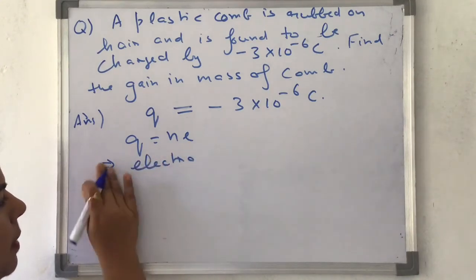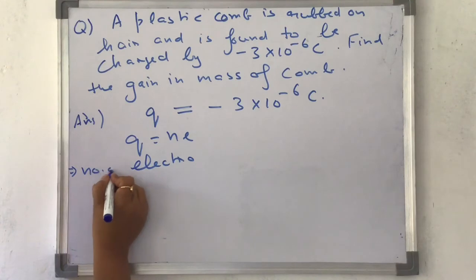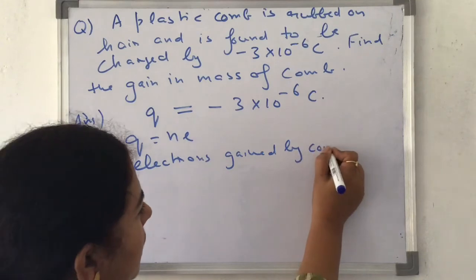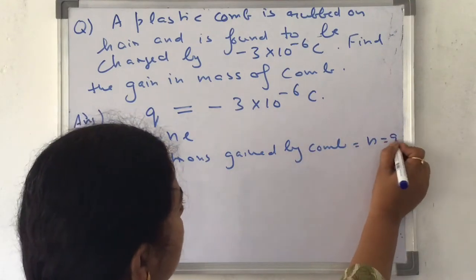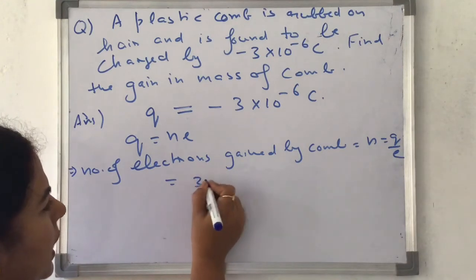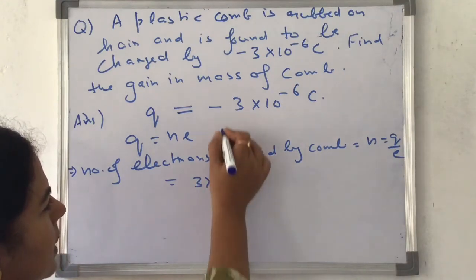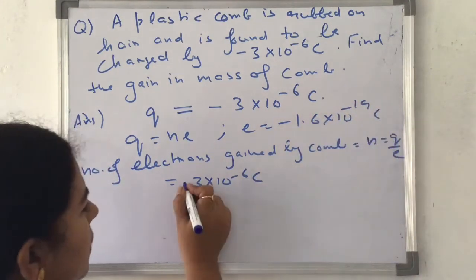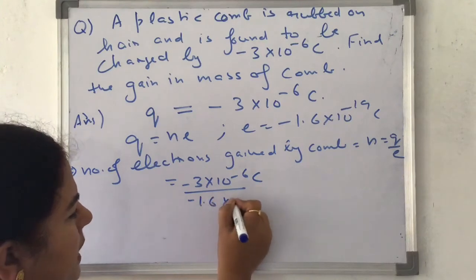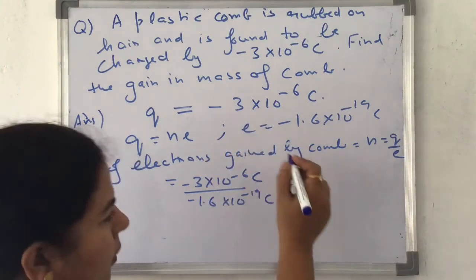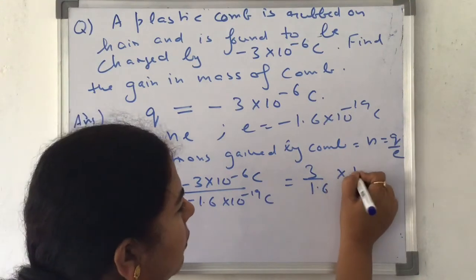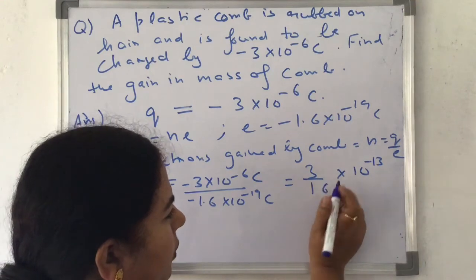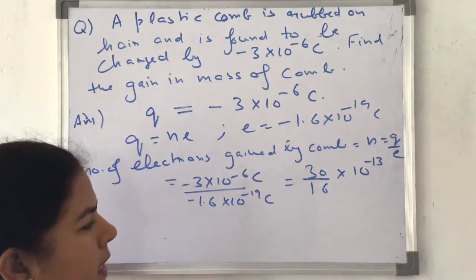Number of electrons gained by comb is equal to N, which is equal to Q by e, which is equal to minus 3 into 10 raised to minus 6 coulombs divided by minus 1.6 into 10 raised to minus 19 coulombs, as we have done before also. 3 by 1.6, 10 raised to power, this goes up, it becomes 13.